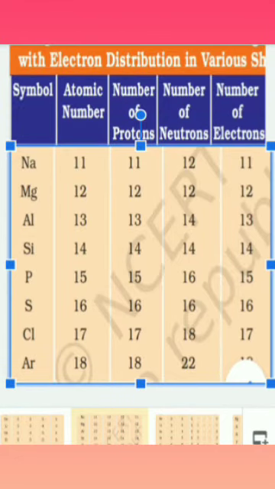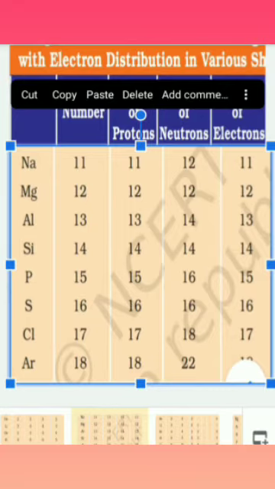And then silicon. All the atomic number, protons, electrons, neutrons are the same. So silicon atomic number is 14, mass number is 28. And then phosphorus atomic number 15, protons 15, electrons 15, neutrons 16. So phosphorus mass number is 31.